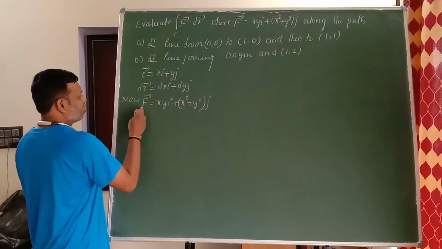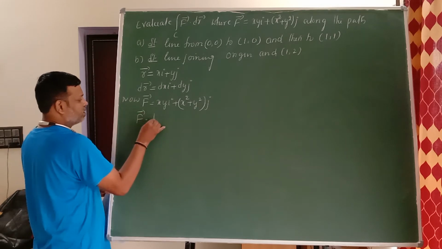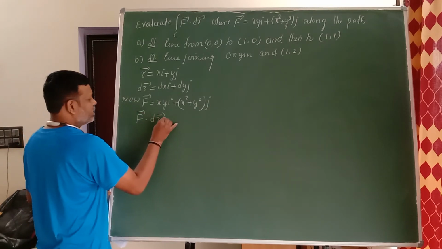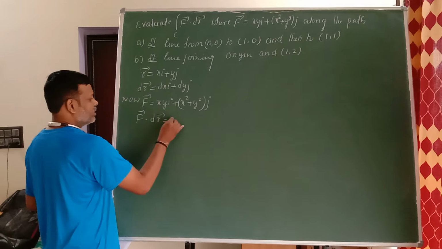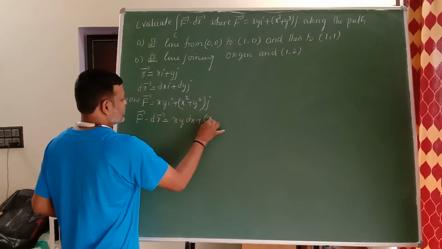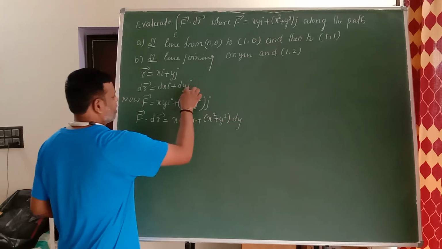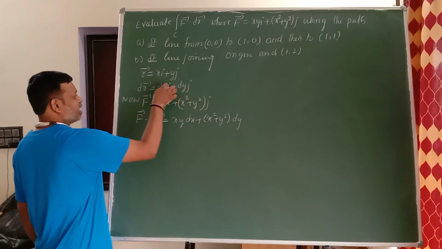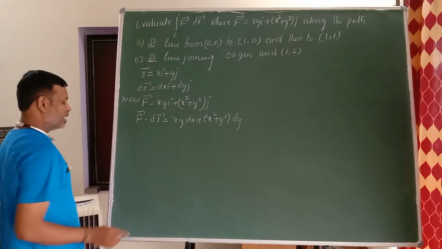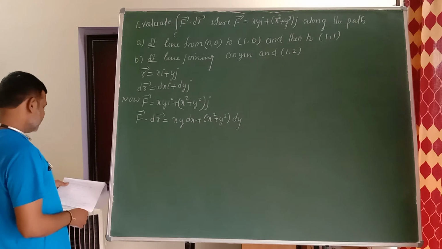Now just take the dot product: F dot dr is equal to xy into dx plus x square plus y square into dy. Here i dot i becomes 1, j dot j becomes 1, component multiplication. This is what.